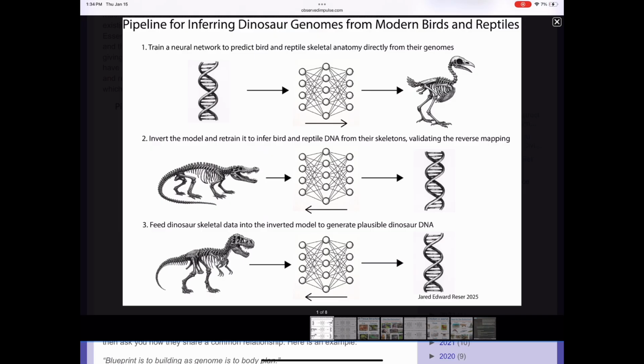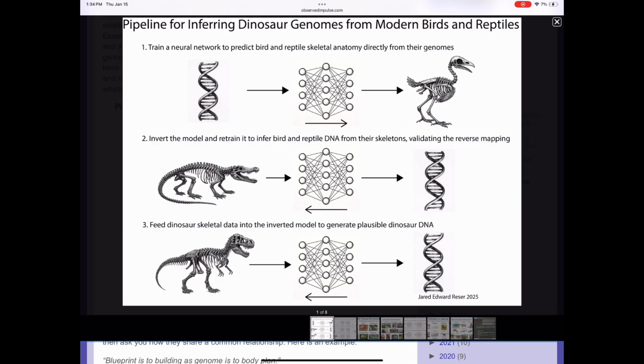So you have to start by going DNA to bones first, because that's how it works causally in the world. All organisms go from DNA to bones, not the other way around, right? So when you start off, you have to start training the machine learning system in that direction.